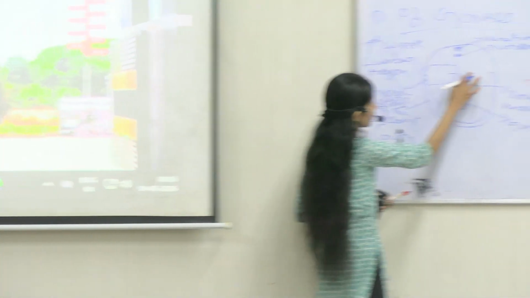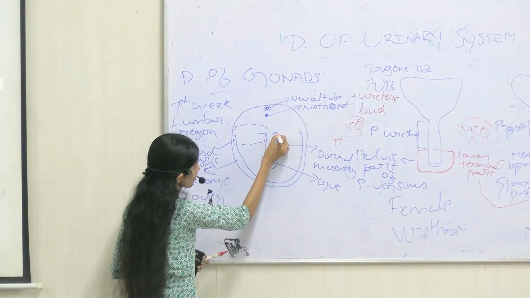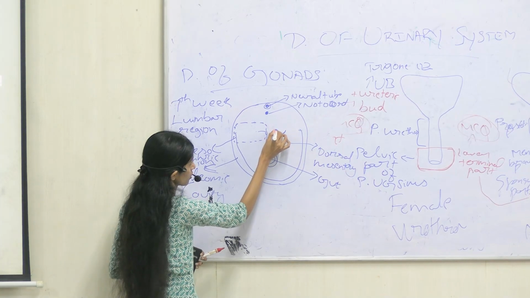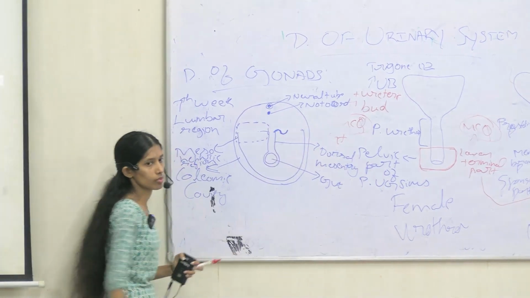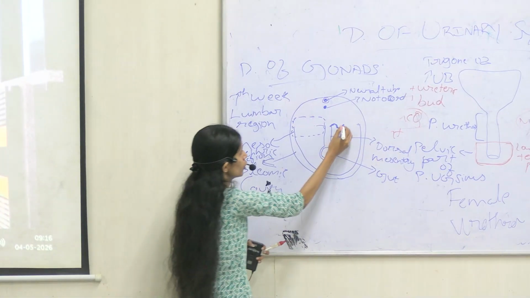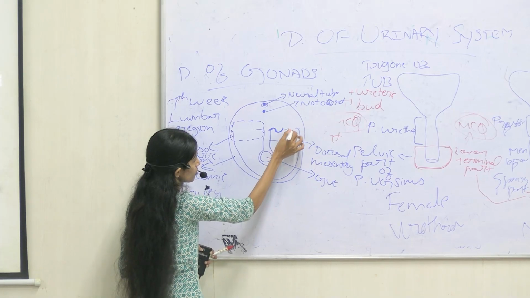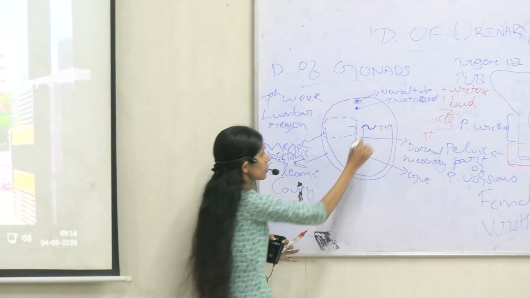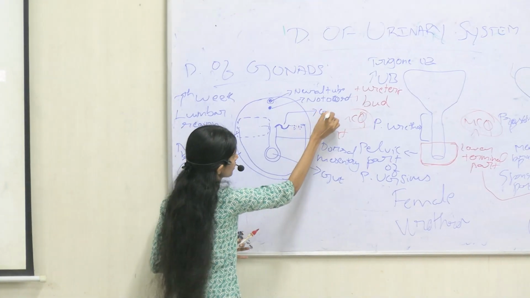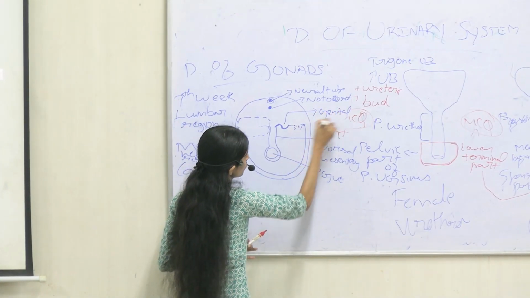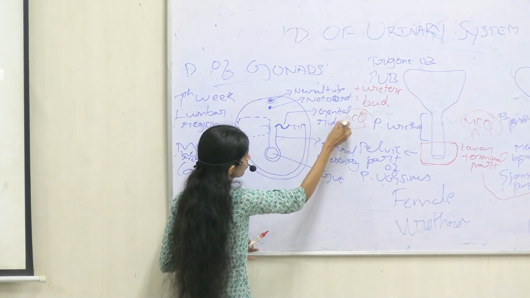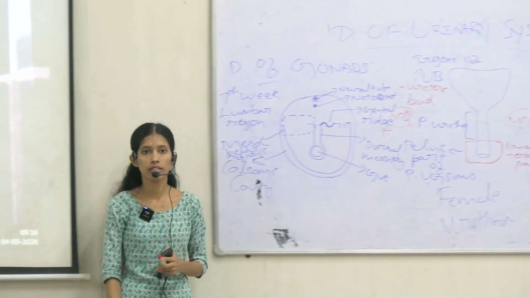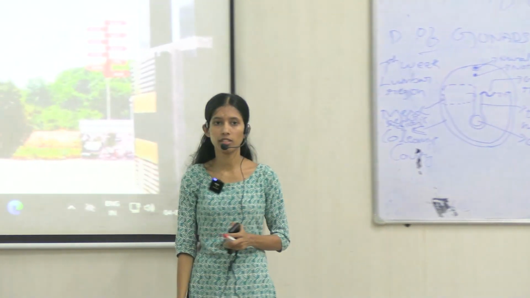The very first one is a ridge like this, and this ridge is called the genital ridge.